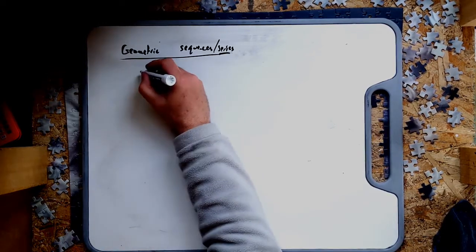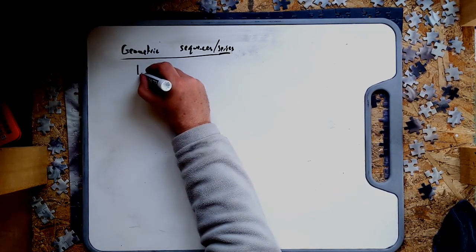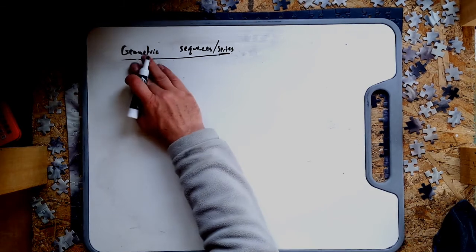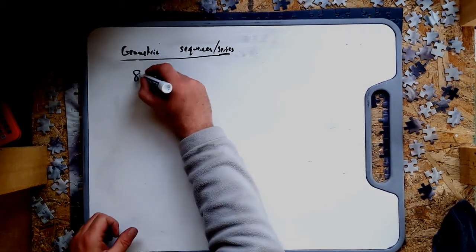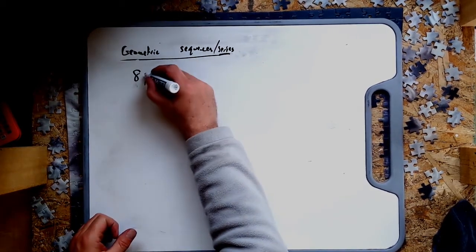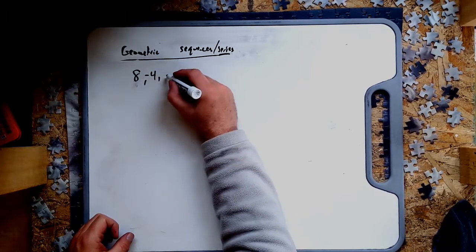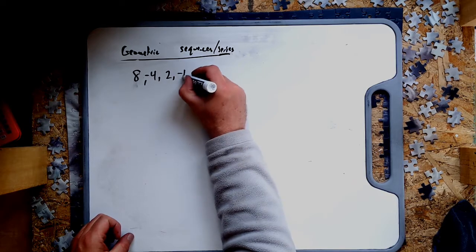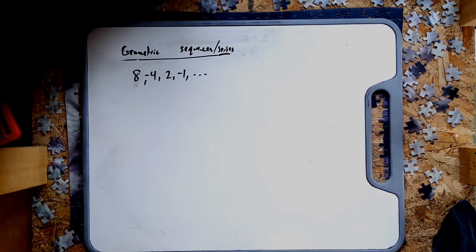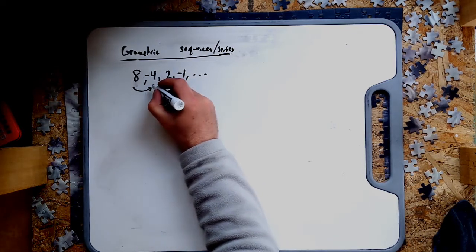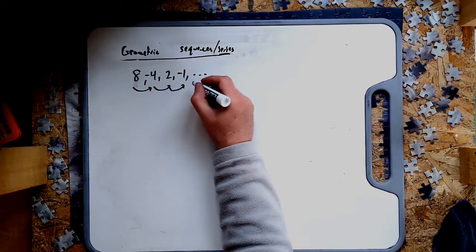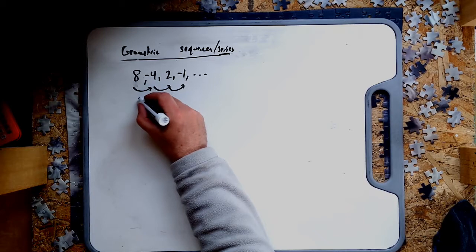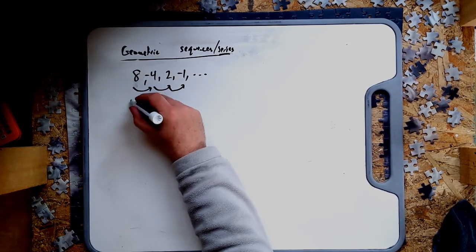I'll just go through the same stuff I did with arithmetic. Let's do 8, negative 4, 2, negative 1, etc. So in this case, this is a geometric sequence, which means you are multiplying by a common number, in this case, negative 1/2.